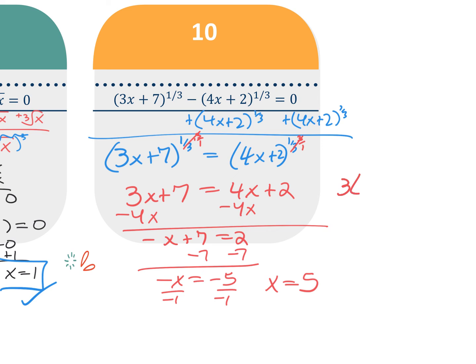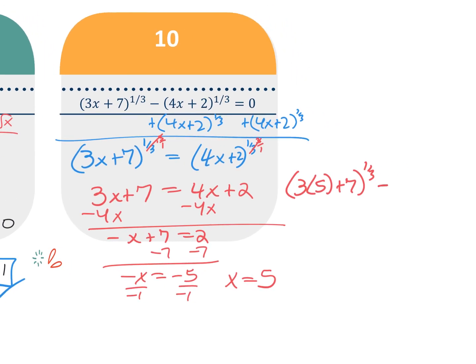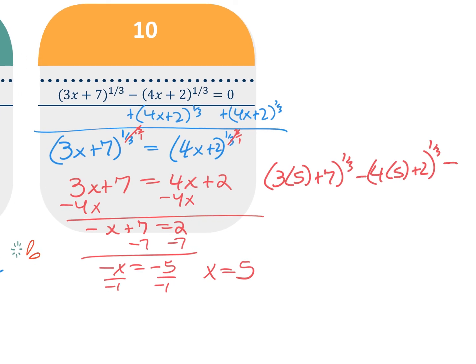So 3 times 5 plus 7 raised to the 1/3 power minus 4 times 5 plus 2 raised to the 1/3 power. And I want to see if it equals 0.